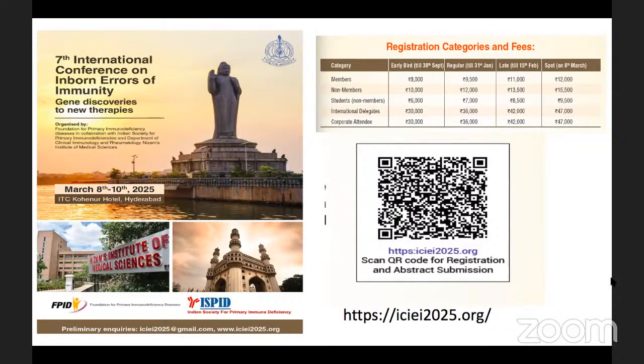Can DHR be negative in CGD? If you have a very mild defect in one of the subunits, like if you have P40 phox, which is very low, then you might find almost near normal NADPH oxidase activity. And so the flow may not reach the lower limit of normal.